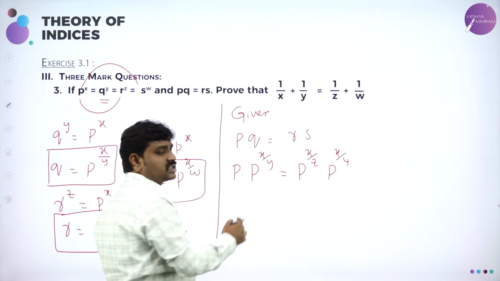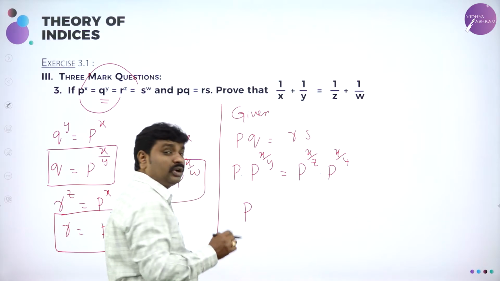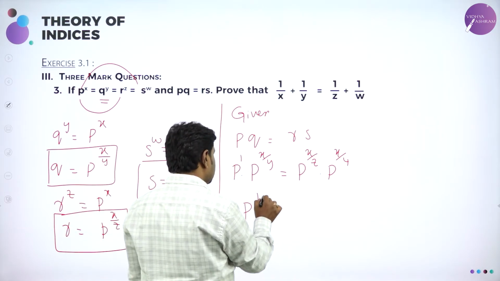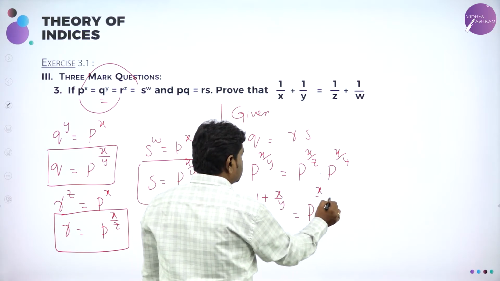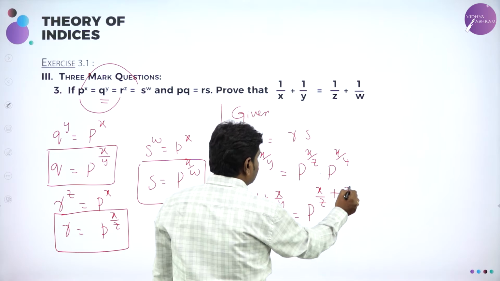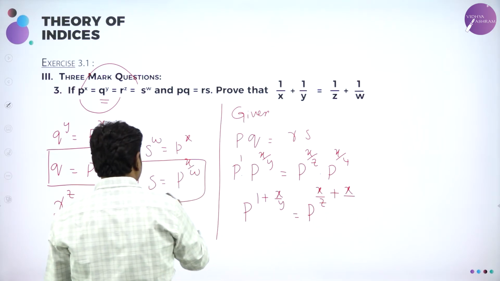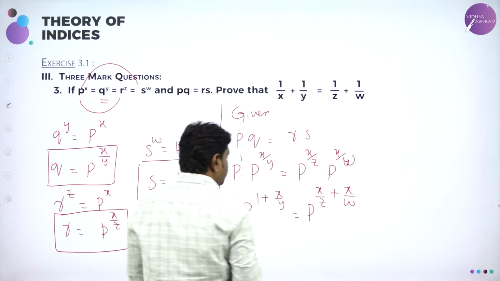Now if bases are same, you can equate the powers. You can add the powers. a power m into a power n is a power m plus n. So this p means p power 1 plus x by y is equal to p power x by z plus x by w. Sorry, this is w. Now bases are same.